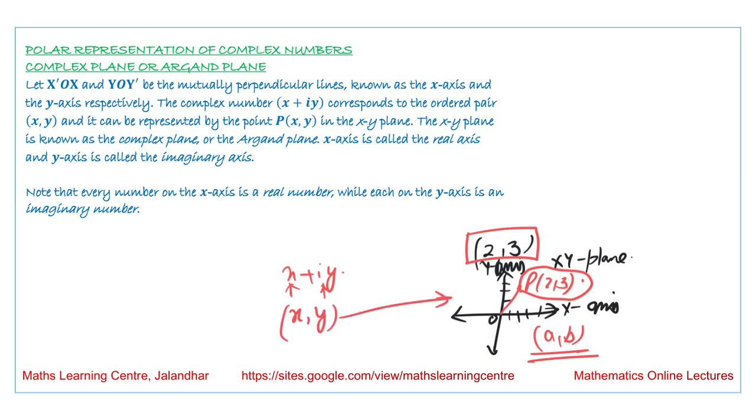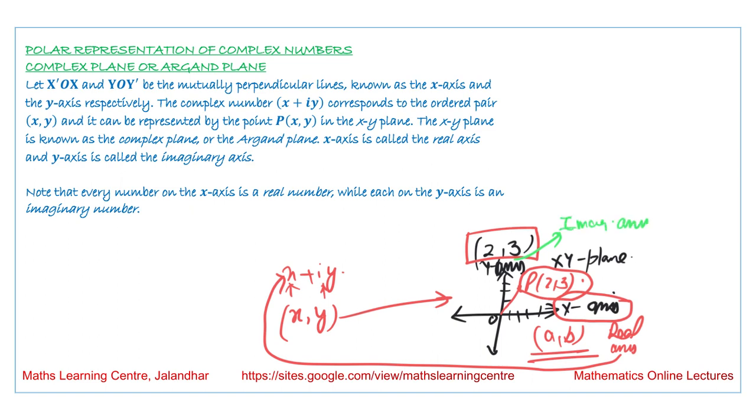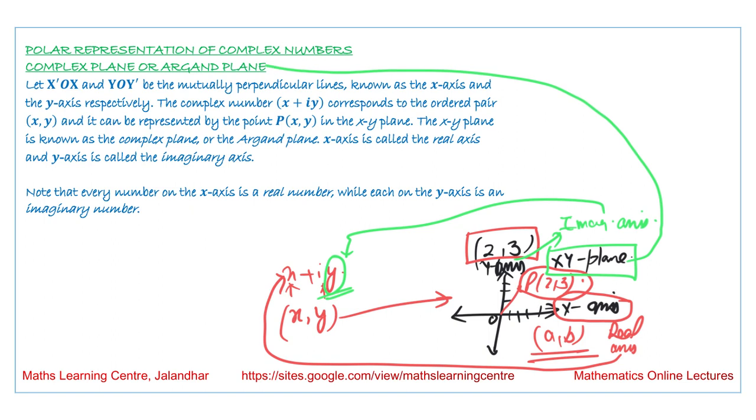The change is that in the case of a complex number, the x-axis will be the real axis, because it corresponds to the real part of the number, and the y-axis is the imaginary axis, and it corresponds to the imaginary part of the complex number. In place of the xy plane we call this the complex plane or the Argand plane.